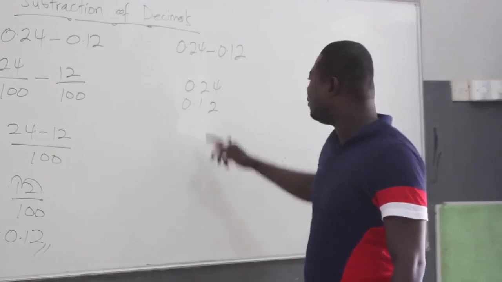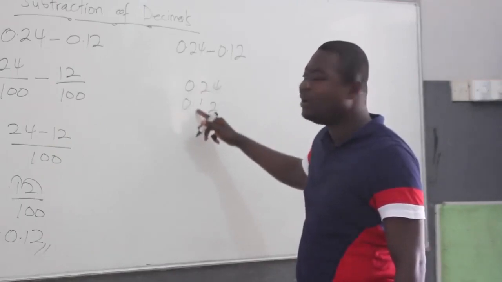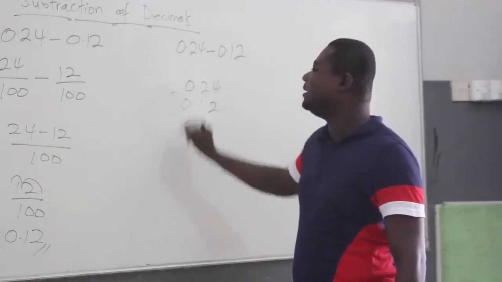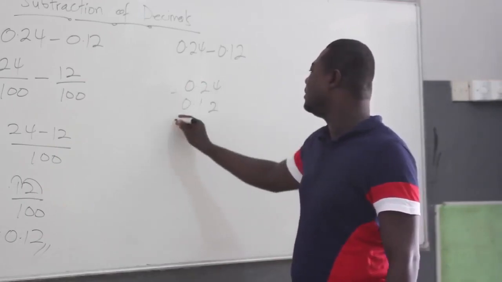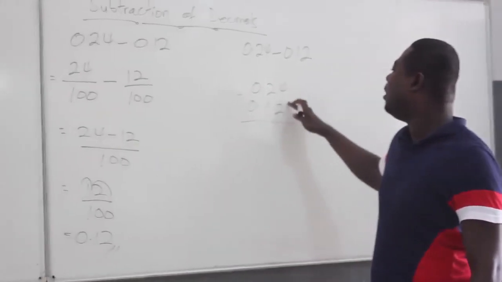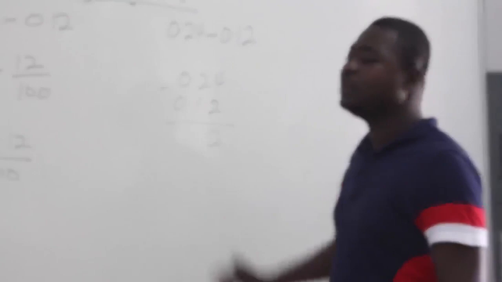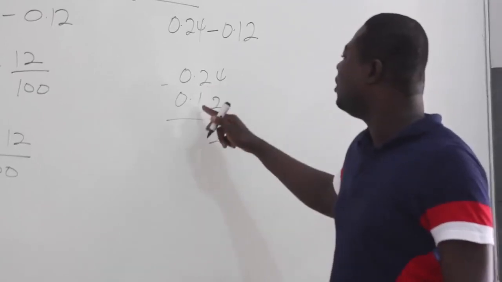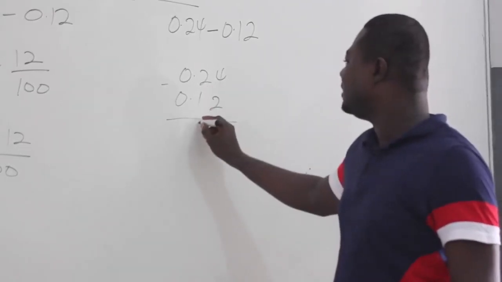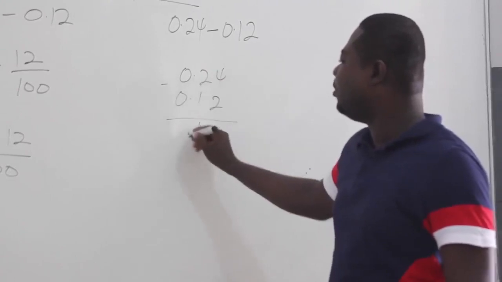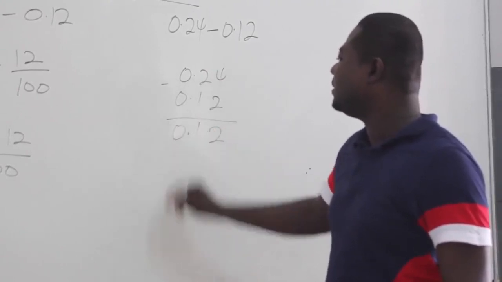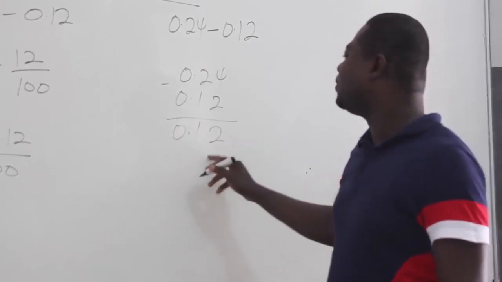You realize that the points are all in line. Then you subtract. 4 minus 2 gives us 2. 2 minus 1 is 1. Then our point and 0. So 0.12.